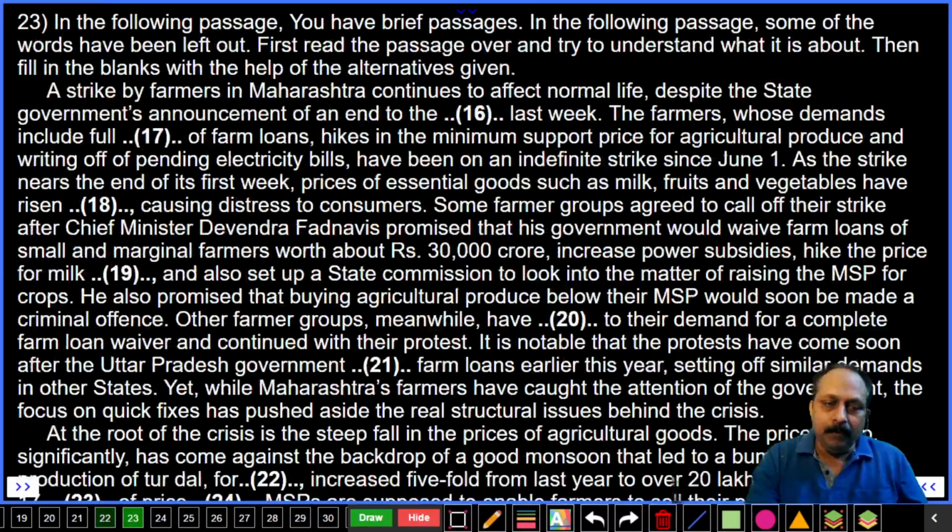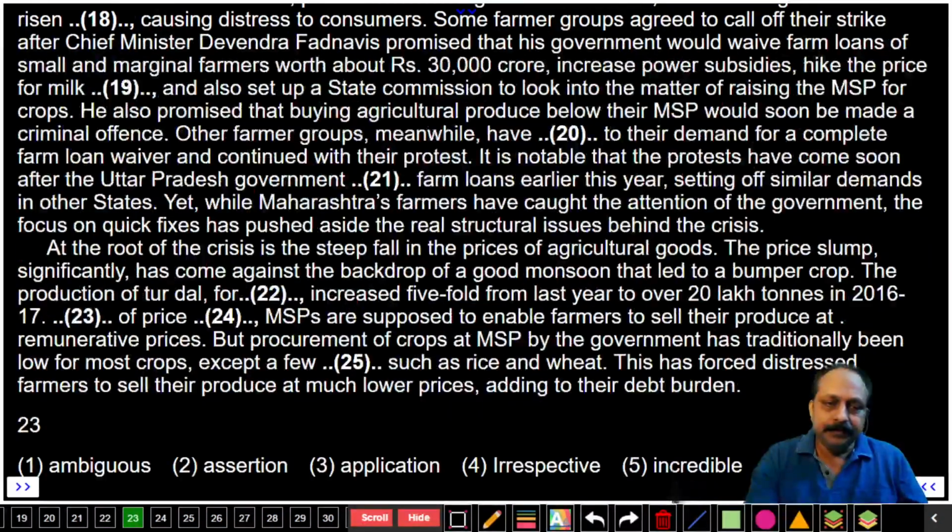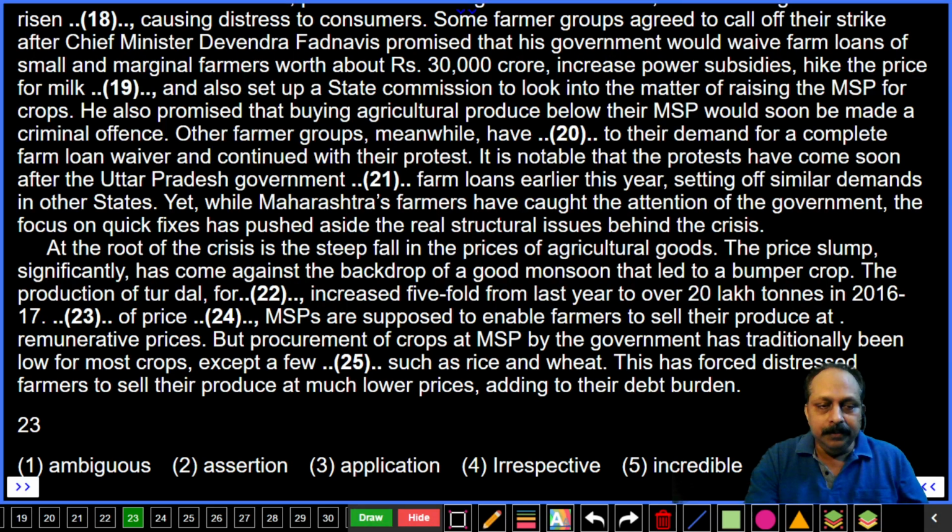For example, or for instance, increased fivefold from last year to over 20 lakh tons in 2016-17. Ambiguous of price, assertion, application, irrespective of price. The word should be one that is not related to price.